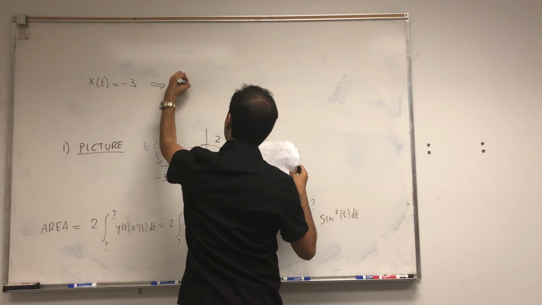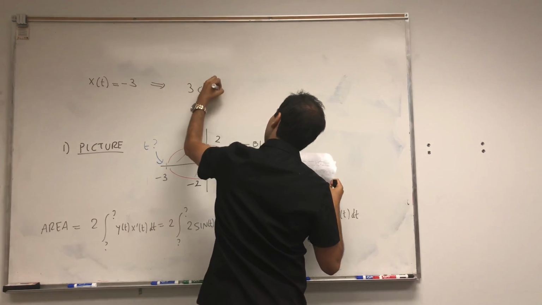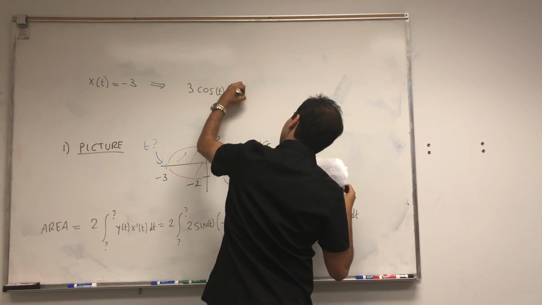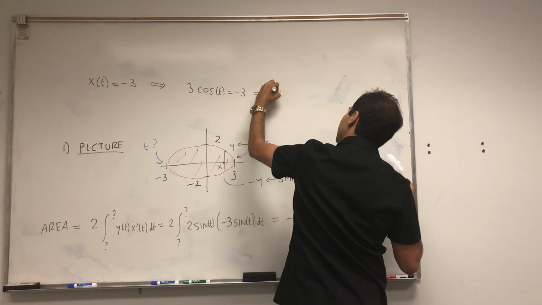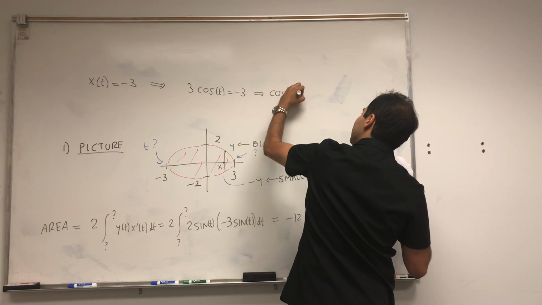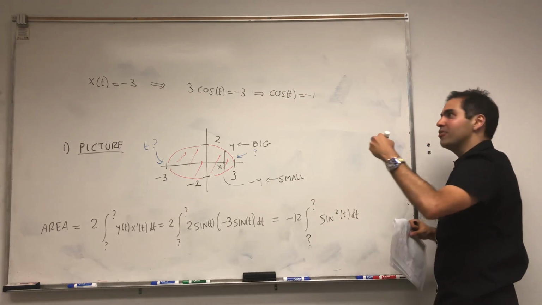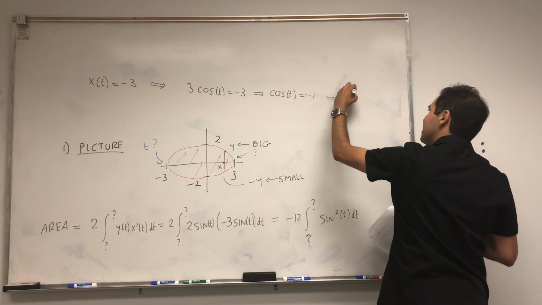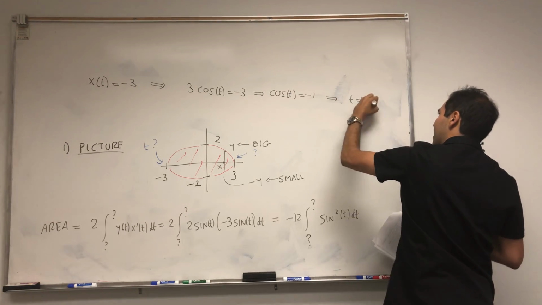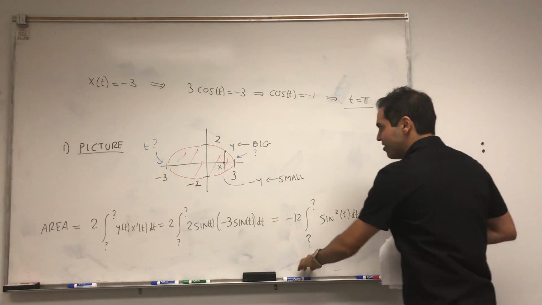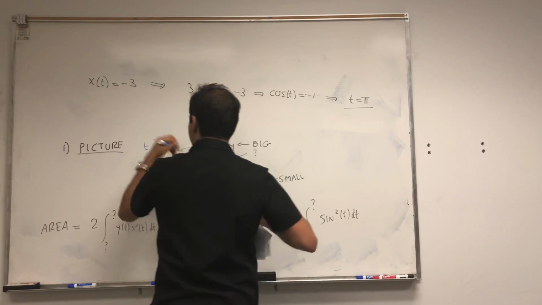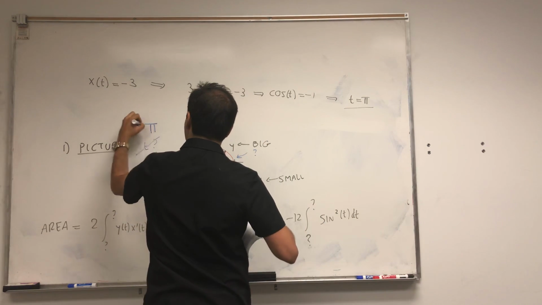That means 3 cosine of t is minus 3. So cosine of t is minus 1. And because t was from 0 to 2 pi, t is actually equal to pi. So the important thing is this t here corresponds to pi.